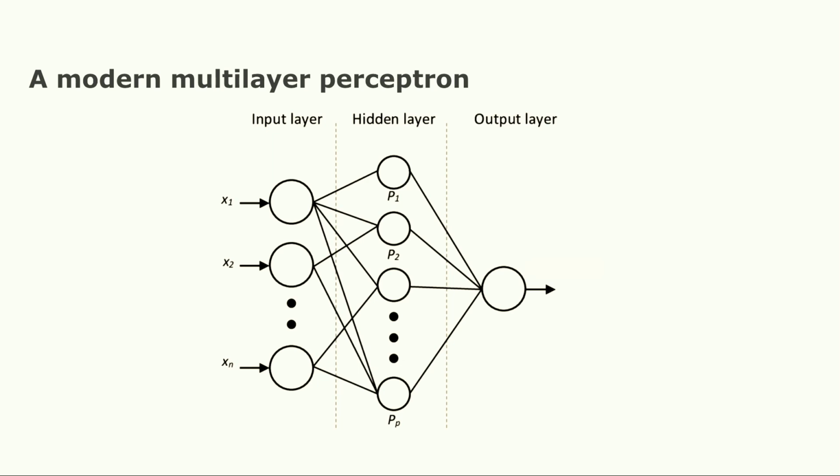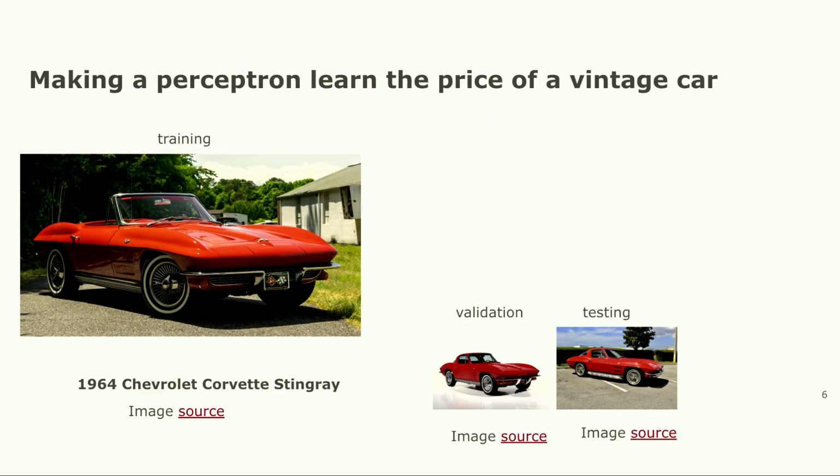In this illustration, we have a single hidden layer, but modern neural networks can have tens, hundreds, or even thousands of hidden layers. Stacking layers allows us to do complex mappings between inputs and outputs.